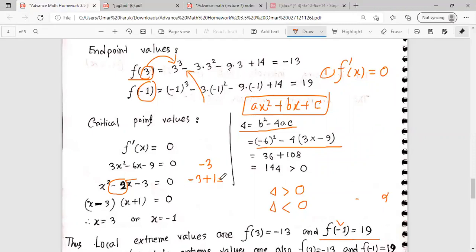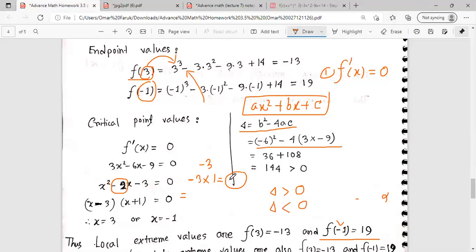If we add these 2 numbers, it will be minus 2, so we get our middle part. And if we multiply minus 3 and 1, we get minus 3, right?